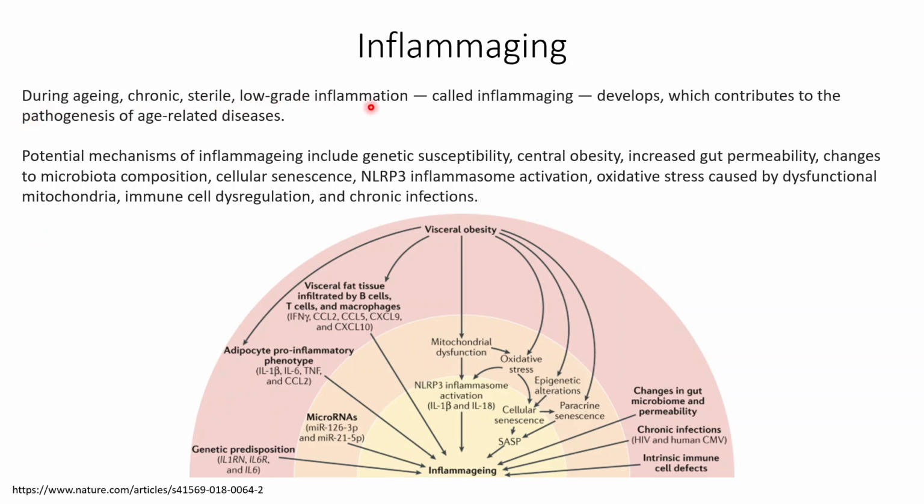It can lead to a loss of healthy cells. It can lead to DNA damage. It can lead to even cancer because if you have a constant chronic low-grade inflammation, actually it can erode the immune system enough that cancer might develop. So inflammaging is another up and coming topic of interest in aging research.